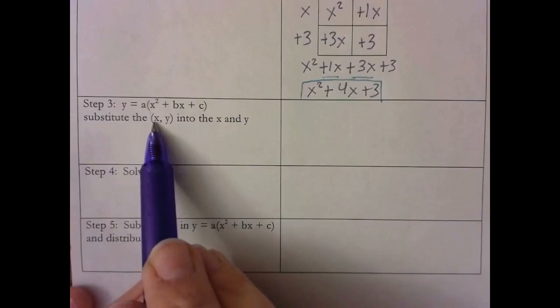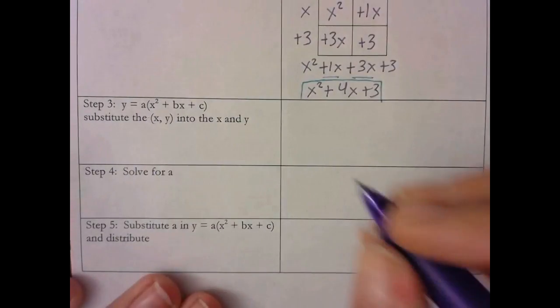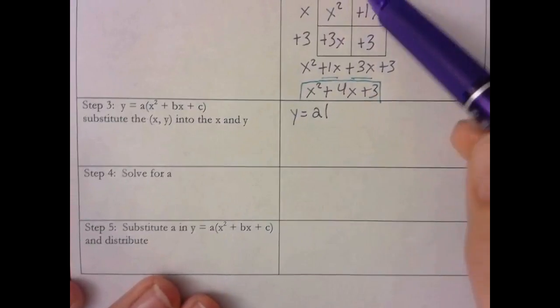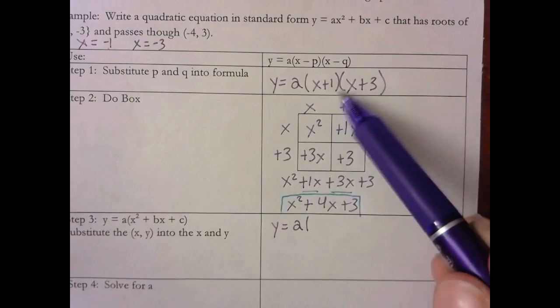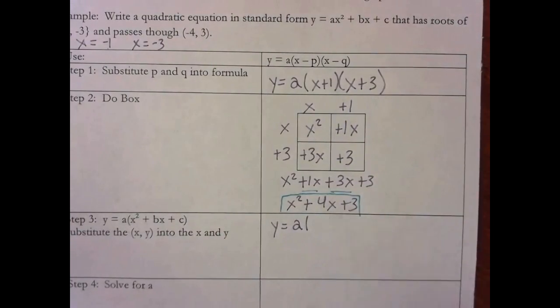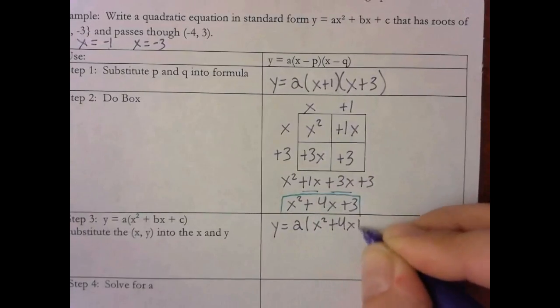We want to substitute x and y into this. Here's what I mean. So we're given y equals a, and instead of doing this, we know that x plus 1 times x plus 3 is x squared plus 4x plus 3. So let's use that instead.